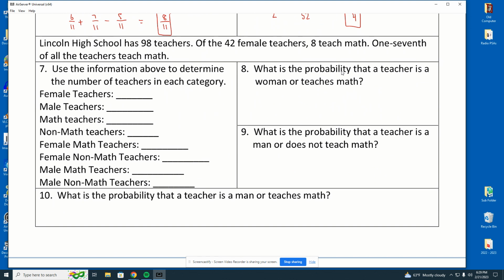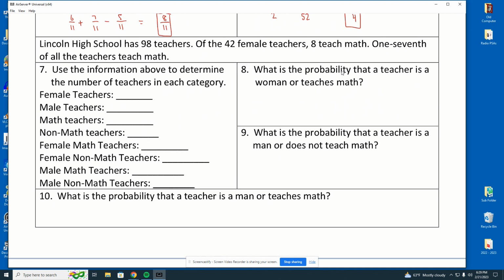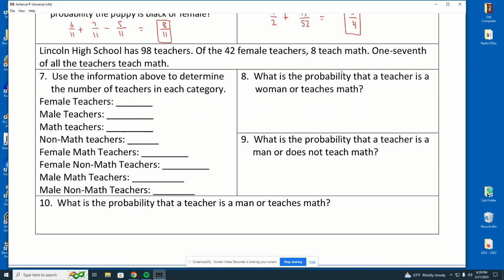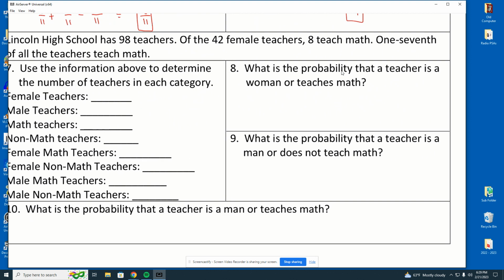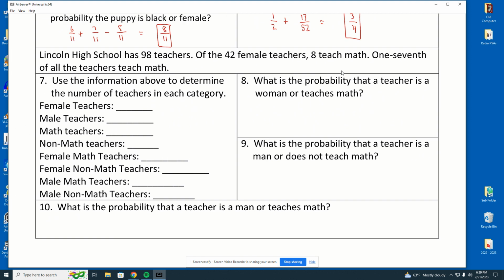Okay, for these last 3 problems or so, it's good to have all the data. So first of all, we know that Lincoln High School has 98 teachers. Of the 42 female teachers, okay, so right off the bat, I know that there are 42 female teachers. So if there are 42, how many male are there? 98 minus 42, 56. Okay, so of those 42 female, 8 teach math.